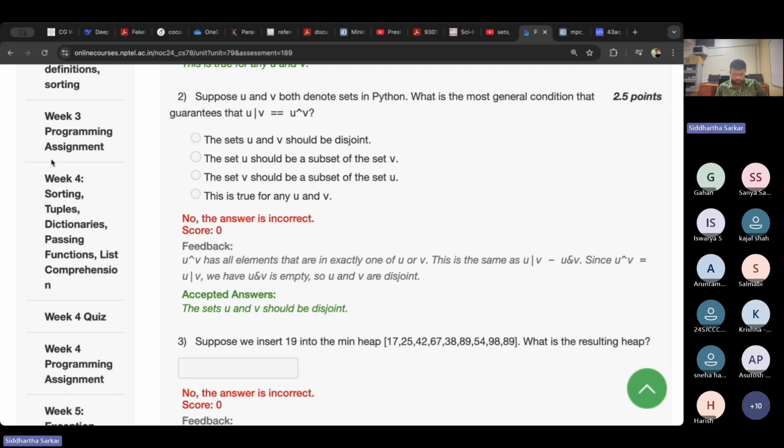Gahan has also given an answer. Okay, so he is saying 17 followed by 19 followed by 42 followed by 66. So his answer is different from that of Arun. We'll check both the answers. Is that correct, sir?